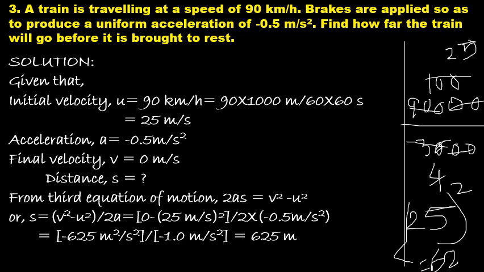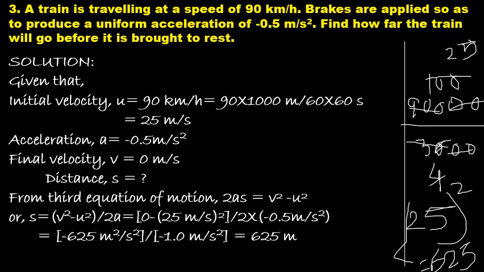So we have just taken that value here. Minus 625 and the unit will also be squared, that is meter square per second square, divided by 2 into 0.5. 2 into 0.5 is 1 only. We all know 2 into half is 1 and the negative sign is already there. So we have to put that negative sign also.